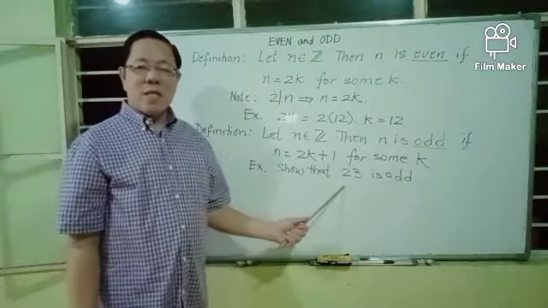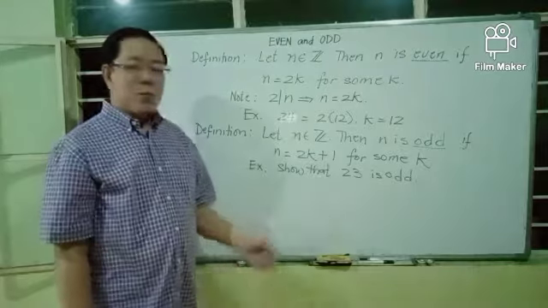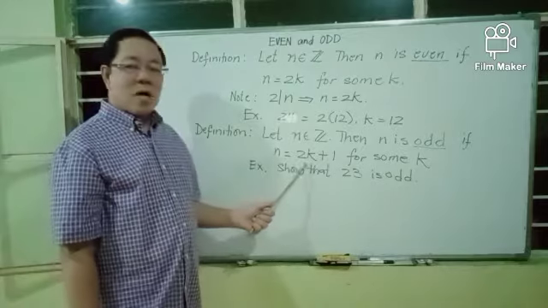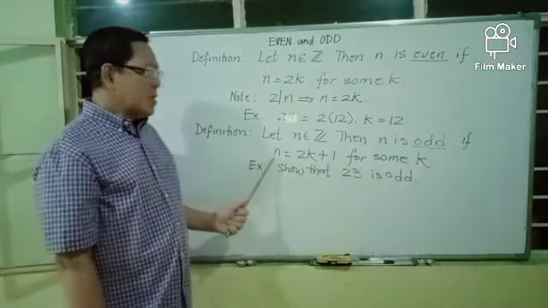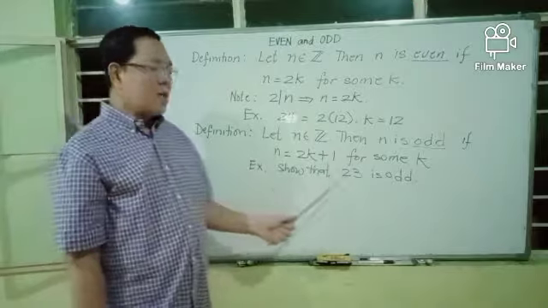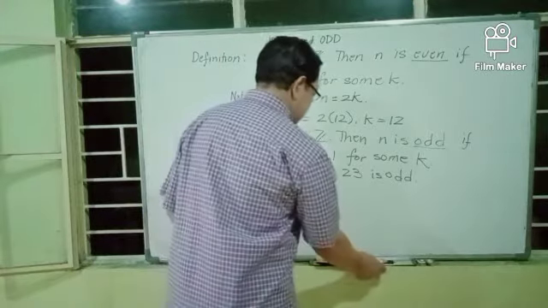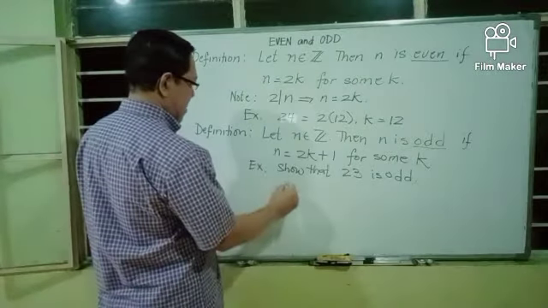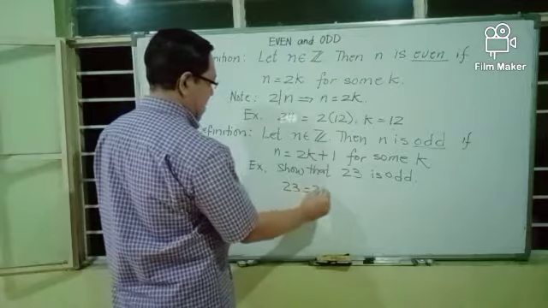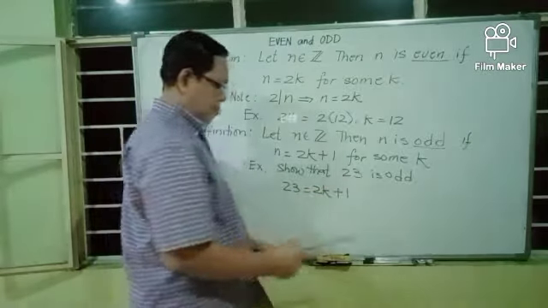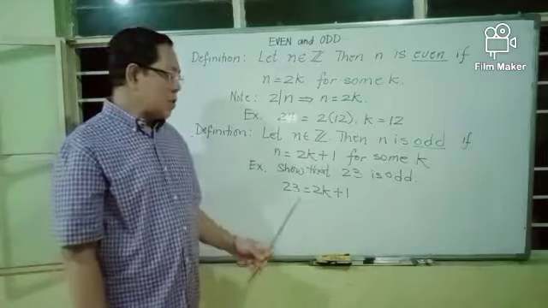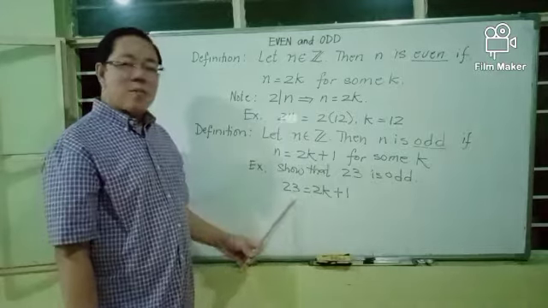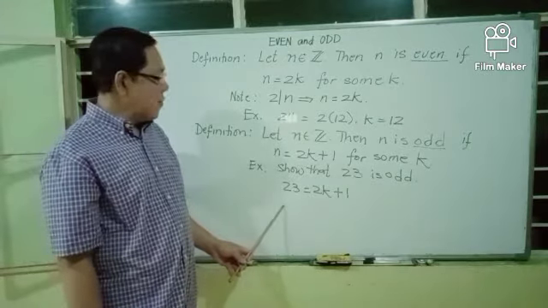We show that 23 is an odd integer. If 23 is an odd integer, then it can be written as 2 times an integer k plus 1. In the definition of odd integer, we take n equals 23. By definition of odd integer, if 23 is odd, then it can be written as 2k plus 1. And from this equation, you can solve for k.